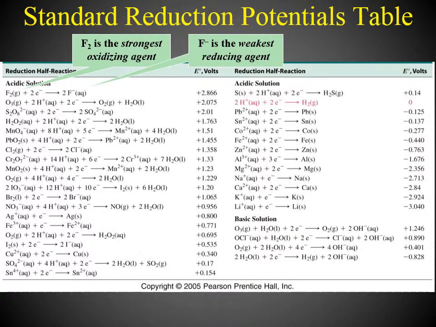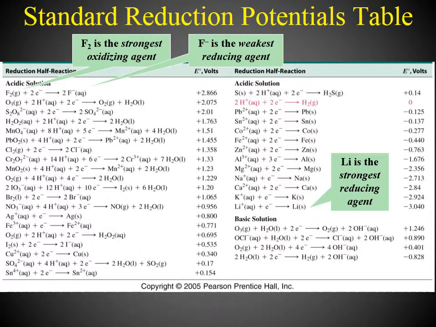On the other hand, if I were to reverse this reaction, the fluoride ion would be the weakest reducing agent. In other words, the fluoride ion is not very likely to be oxidized. Hope that makes sense.